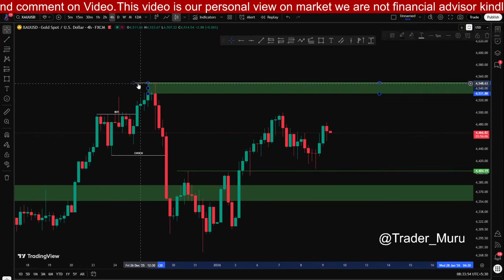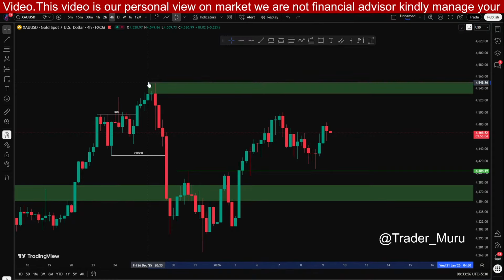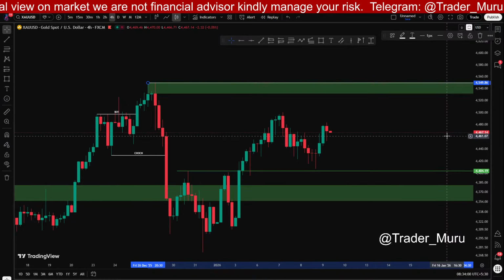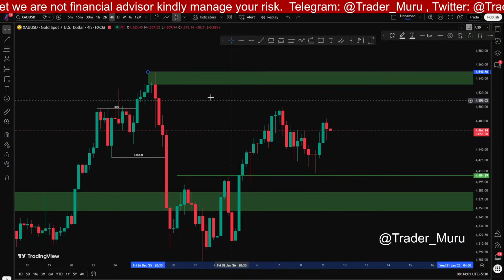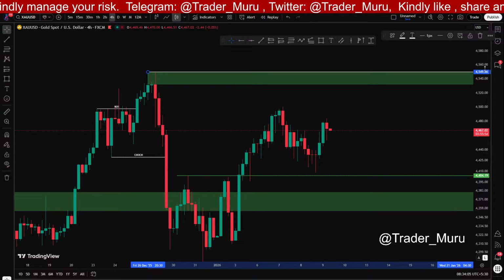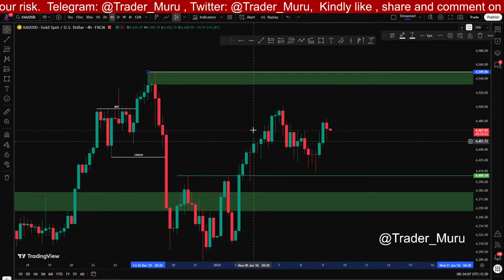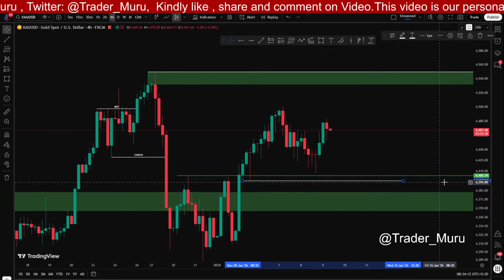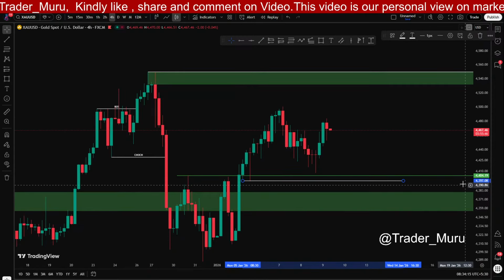And as we know, in NFP the market mostly targets equal highs and equal lows. We are having an equal high at 4549 and equal lows here around 4397.